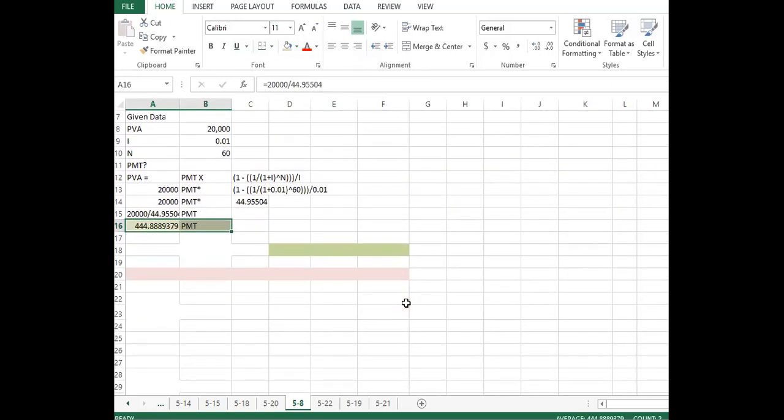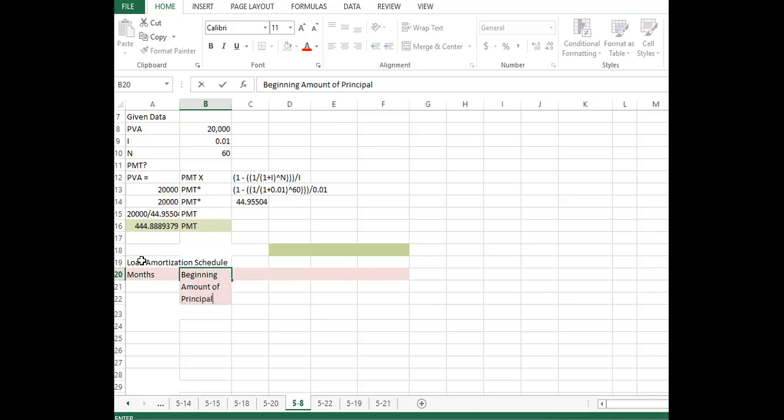Okay, class. In the next step we are going to prepare the loan amortization schedule. We have different columns. In column 1 we have the time period, which is in months. The second column represents the beginning amount of principal.